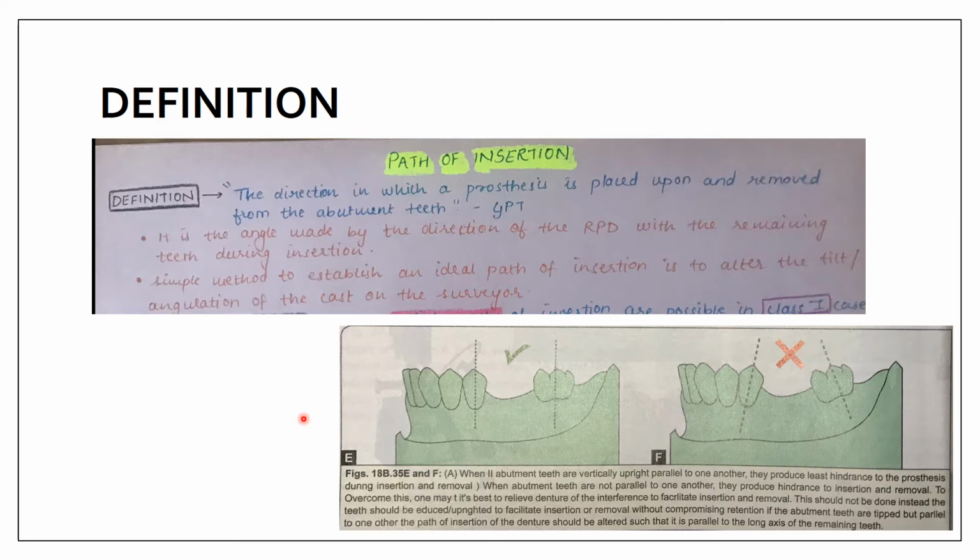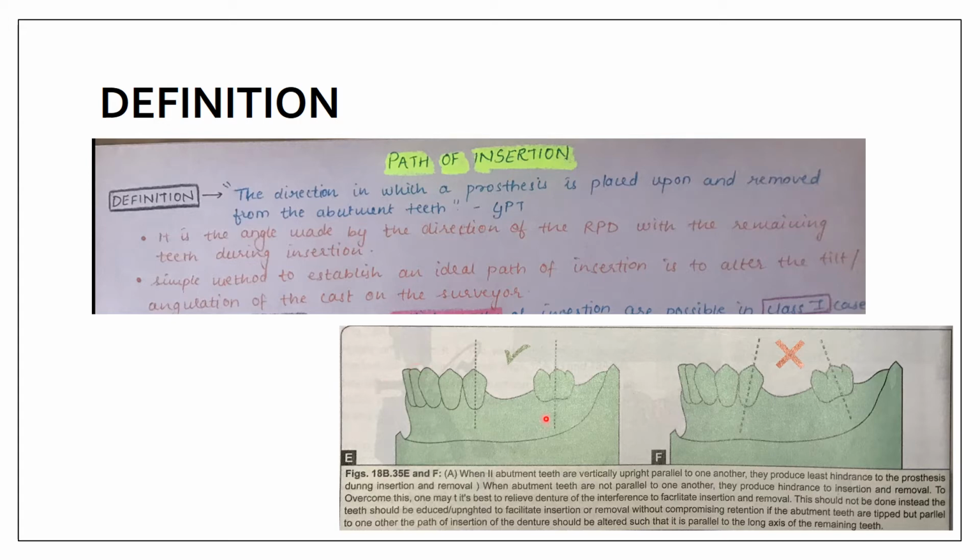Changing the tilt will change the guiding plane and the amount of mouth opening needed to seat a denture. And we have seen the tilt should not be more than 10 degrees, because it will lead to excessive mouth opening during insertion, which we don't want.